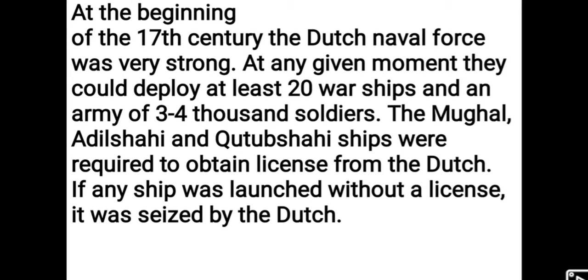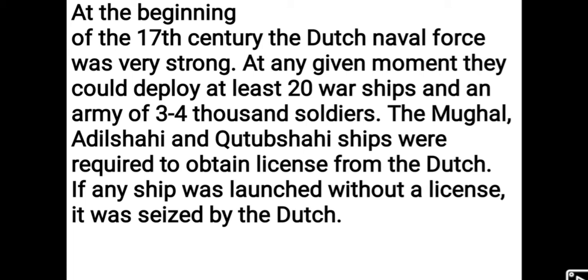Over here again, the same: the Indian kings ruling India at the time were the Mughals, Adil Shahi and Qutub Shahi, and their ships had to take permission from the Dutch. Though they were Indian-based kingdoms, right? But then too they had to take permission from the Dutch people.